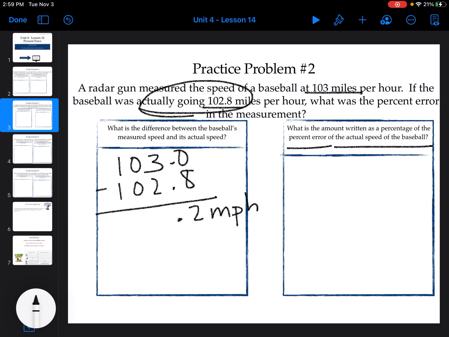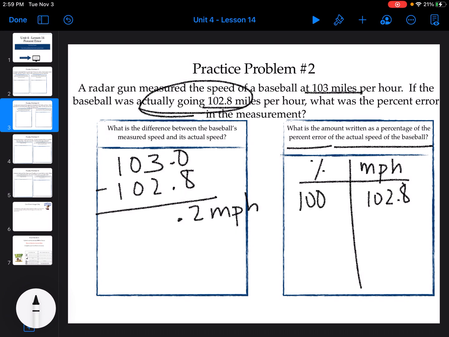So this is the actual speed. So I know I have my percentage and I know I have my miles per hour. So 102.8 is 100%. And they want, what is the amount written as? So they want just the difference. So I'm going to put 0.2 here, and I'm dividing going that way.